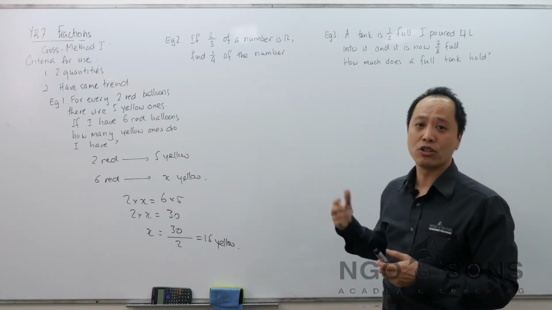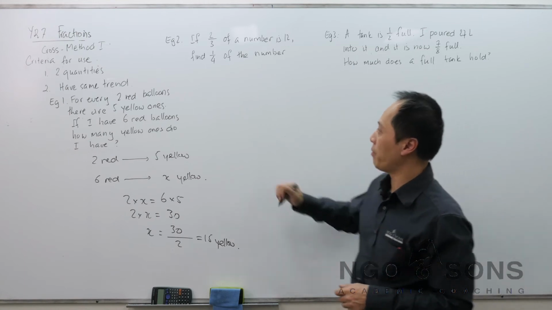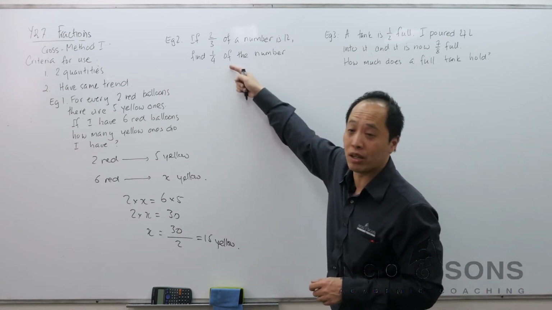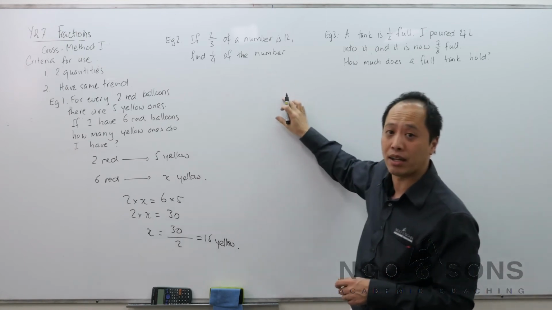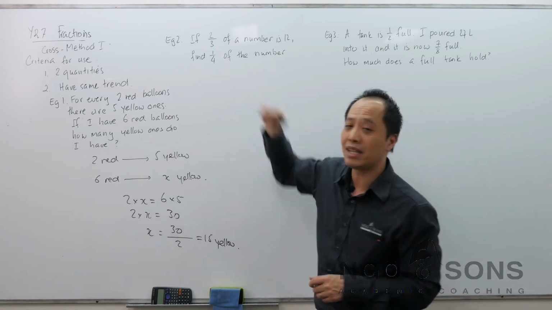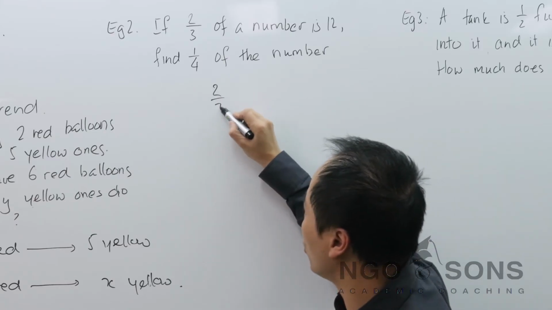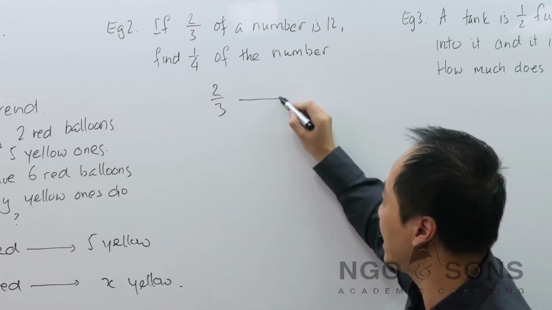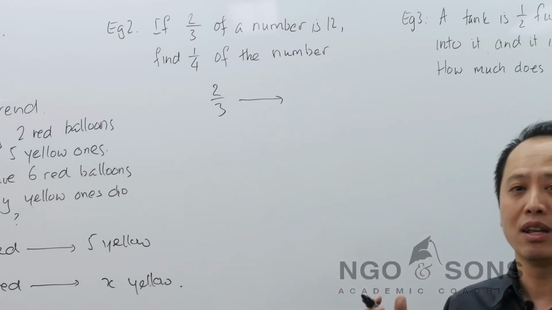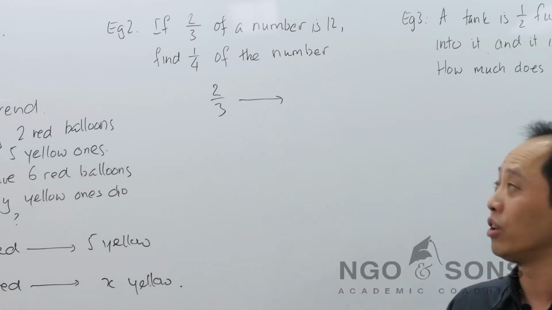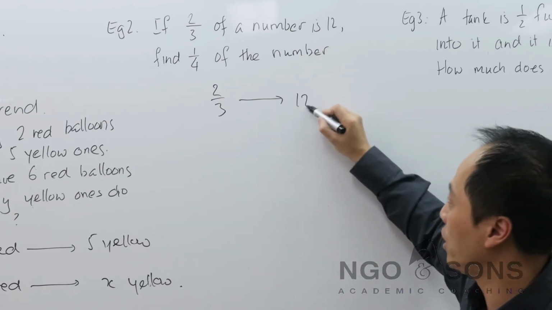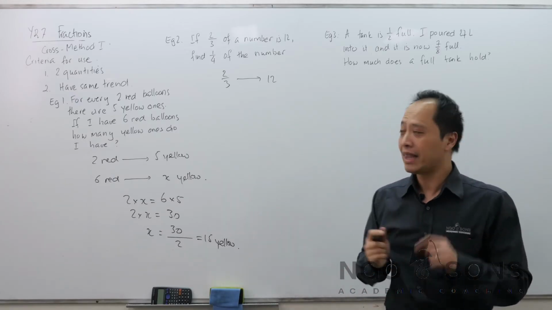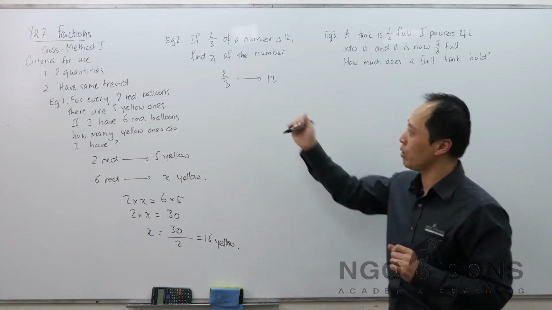The next thing is to do the setting out. Remember, the same quantity goes on the same side. The first quantity we'll talk about is the fraction. So it's 2/3. 2/3 gives me how much? Well, what is the value of 2/3? We know it's equal to 12. So 2/3 gives me 12. Then, what else do we know?